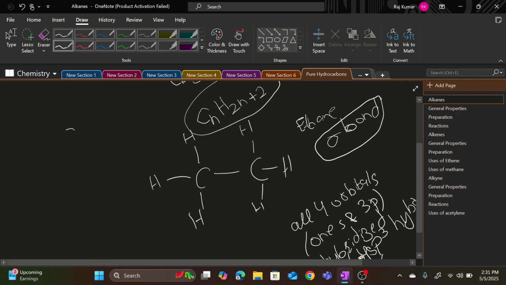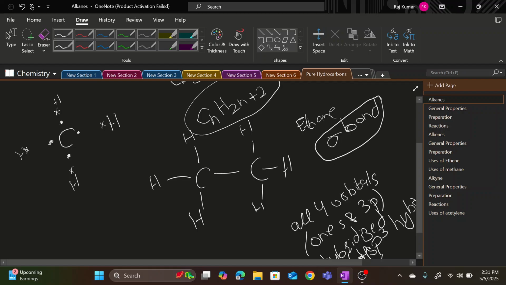If I were to make it understandable in terms of a pure structure, here it is. Let's say this is carbon with all of its four electrons on each side. This is hydrogen, one hydrogen here, one here, and one here.